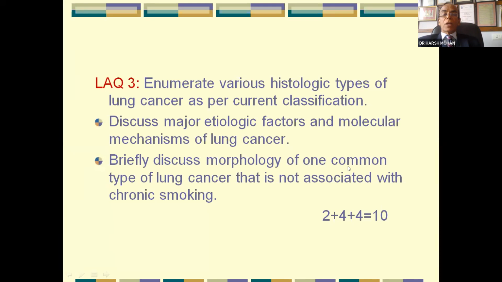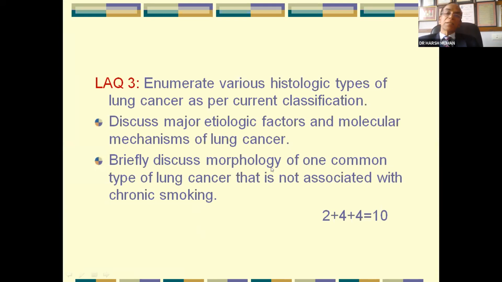Briefly discuss morphology of 1 common type of lung cancer that is not associated with chronic smoking. We all know the non-smoking associated cancer has become more common and widely prevalent. Or you can ask smoking related cancer, whatever you want to ask in your question. So you define that. It is an analytical approach, where you evaluate the learner indirectly, whether he knows which ones are not smoking related cancer, and then describes the morphology.